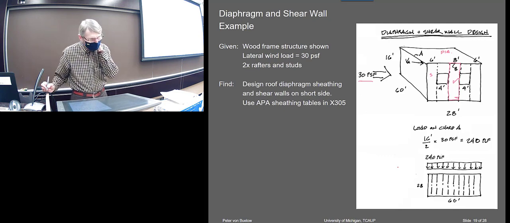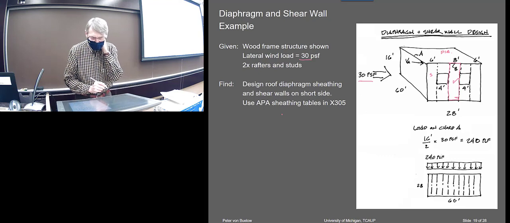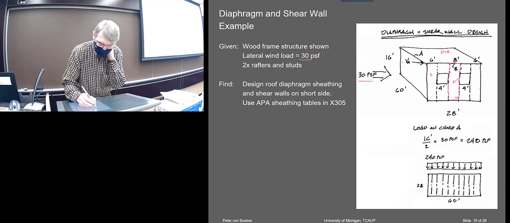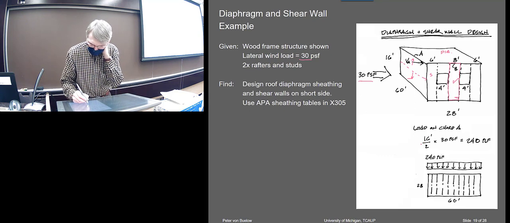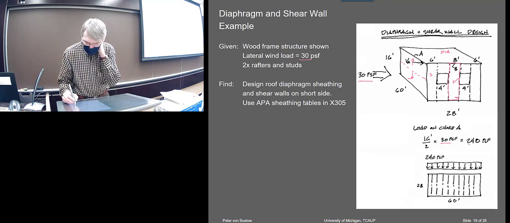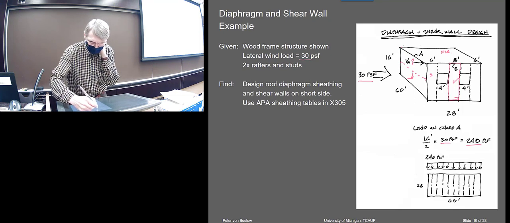Okay, so for a wind load of 30 PSF, that means half of it's going to go down here and half of it comes up here. So I've got 8 feet times 30 PSF, which will give me the load on this top edge up here.